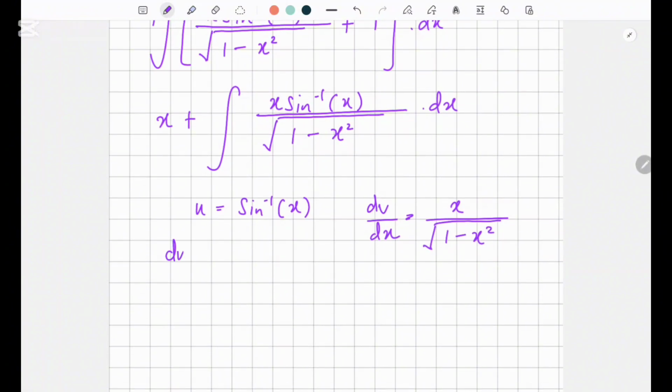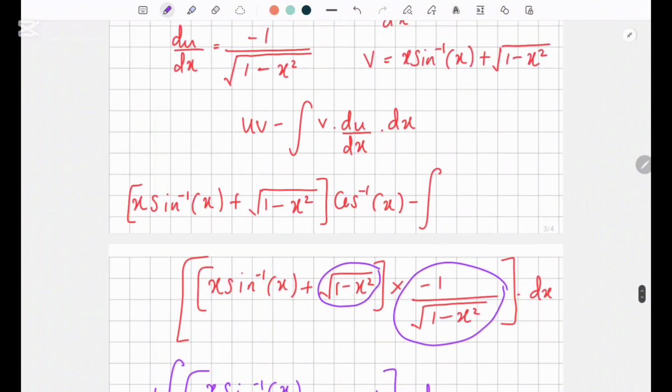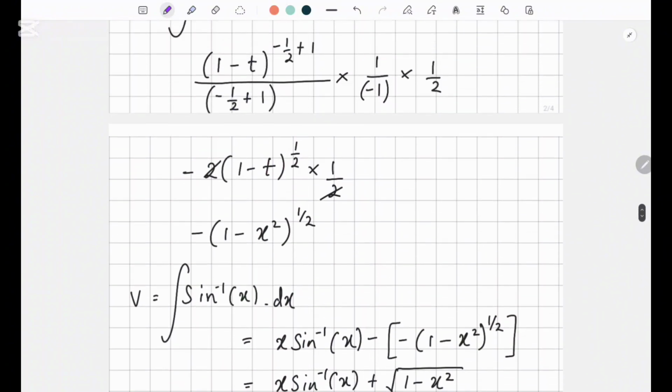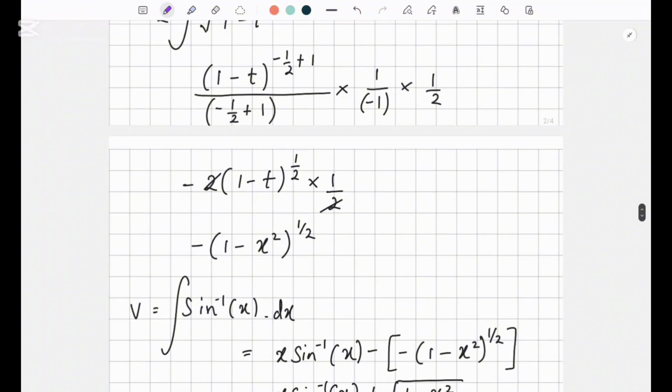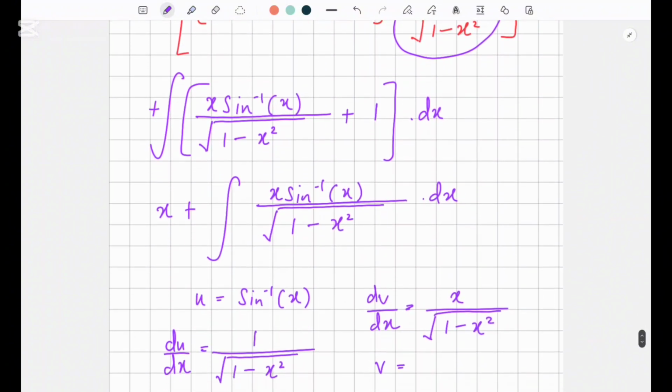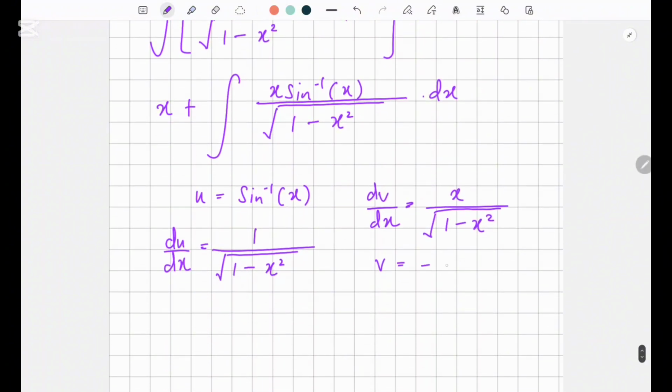So du over dx equals 1 over root 1 minus x squared, right? And the integration for this to find v, we found it previously. v equals, we found that earlier, minus root 1 minus x squared, right?